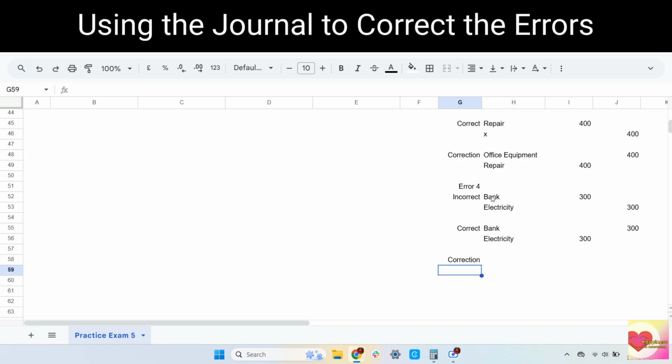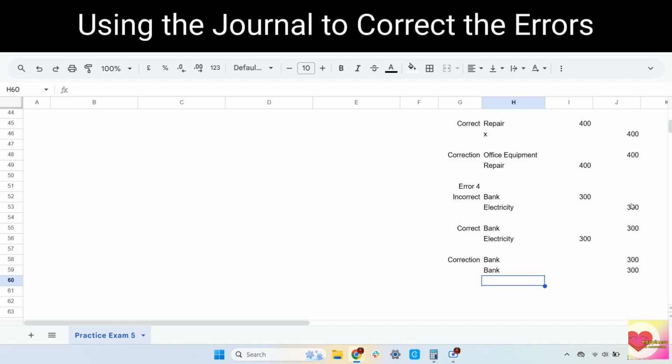First, the bank 300 in debit should be 300 in credit. So we have to remove this amount in debit by putting 300 in credit. Then let's put the correct entry, which is 300 in credit.